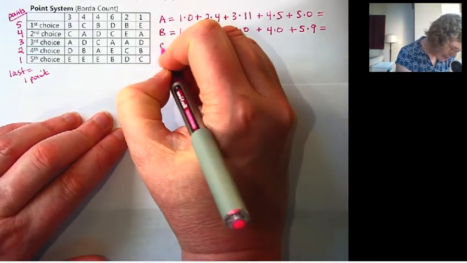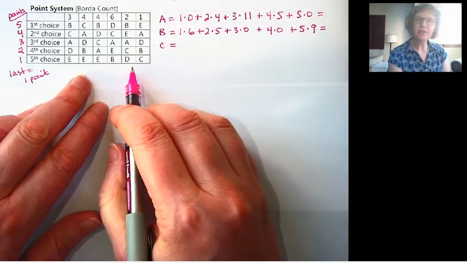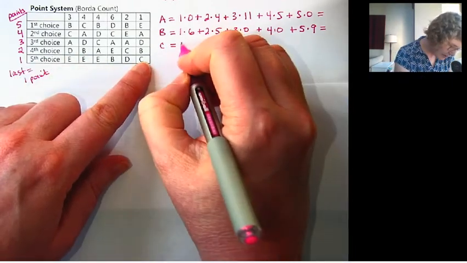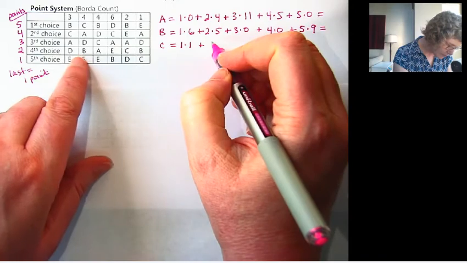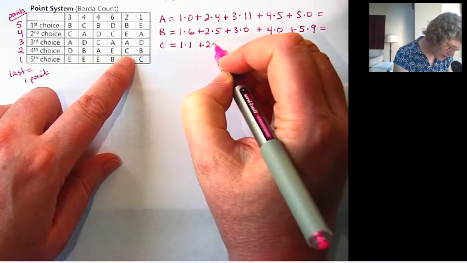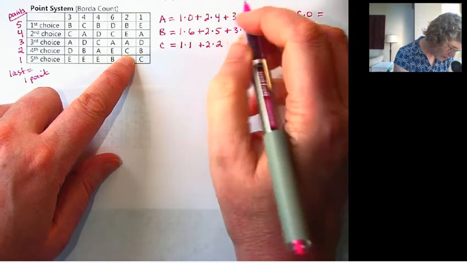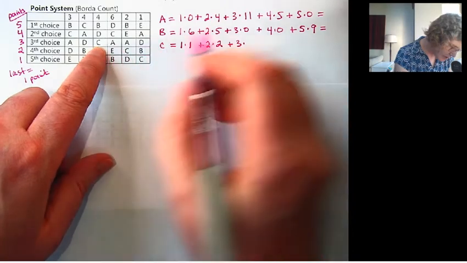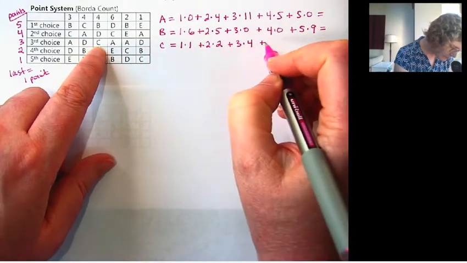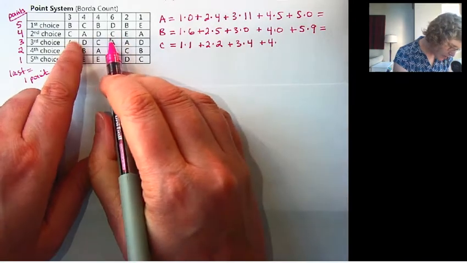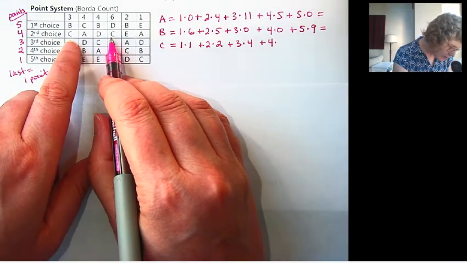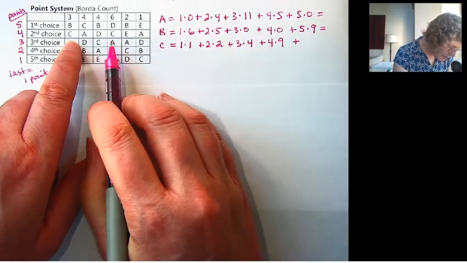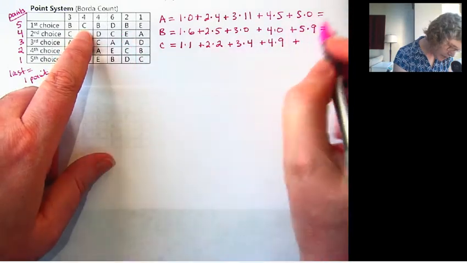Okay, C. Are you getting the hang of this? You can pause it and try it yourself if you want. C had 1 point times 1, plus 2 points times 2, plus 3 points times 4, 4 points times 9, plus 5 points times 4.